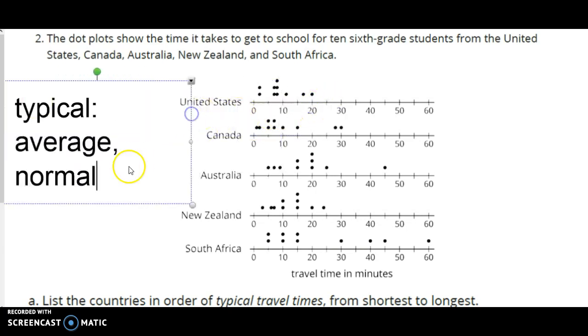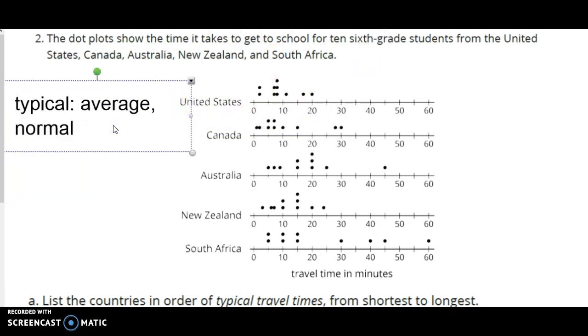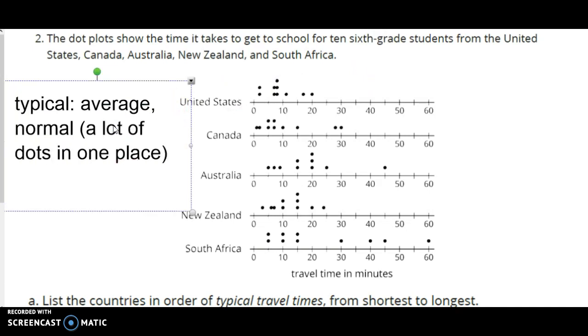So when we're looking at the typical response in a dot plot, we want to look for where there are a lot of dots in one place. When we're talking about variability, we're looking at differences.